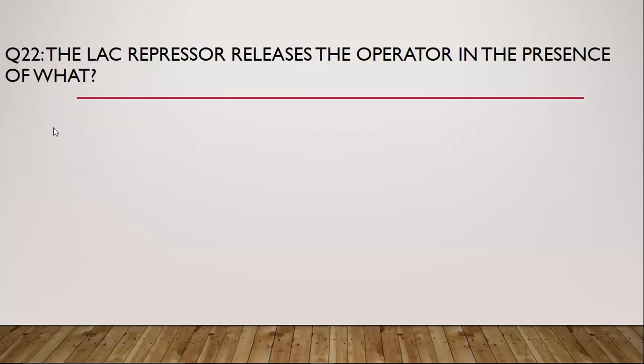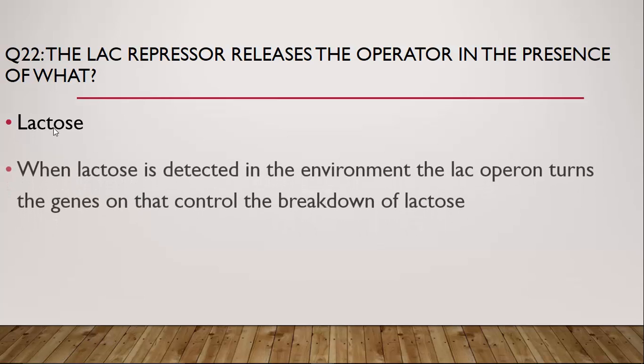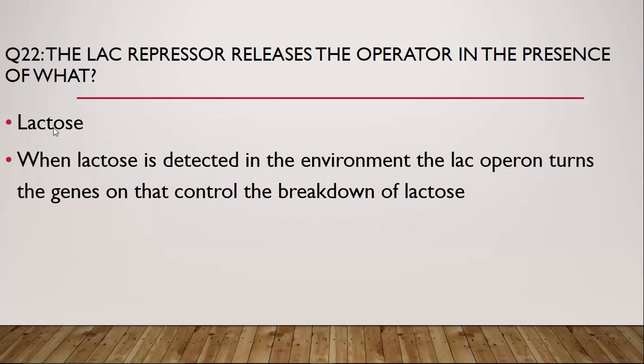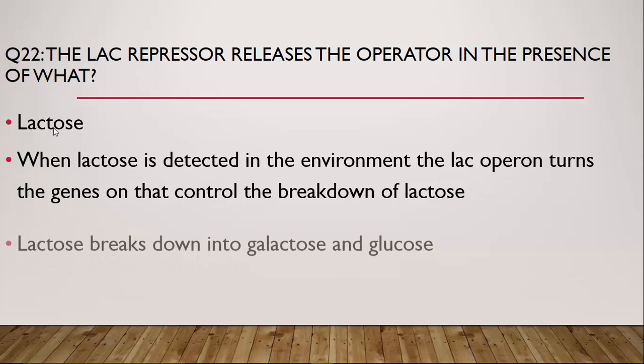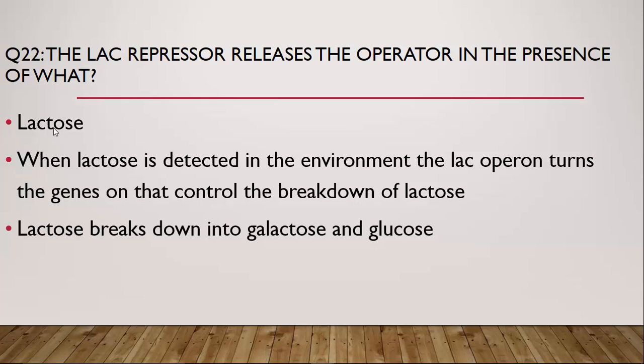All right, 22. The Lac repressor releases the operator in the presence of what? And that is lactose. So what this means is when lactose is detected in the environment, the Lac Operon turns the genes on that control the breakdown of lactose. And lactose breaks down into galactose and glucose because bacteria, they need energy too. And we know glucose is energy. So they're breaking down lactose into two things, galactose and glucose.